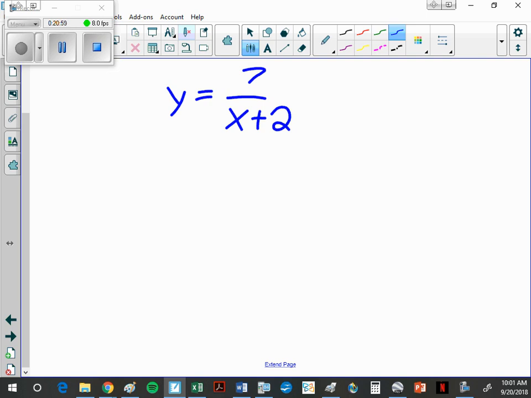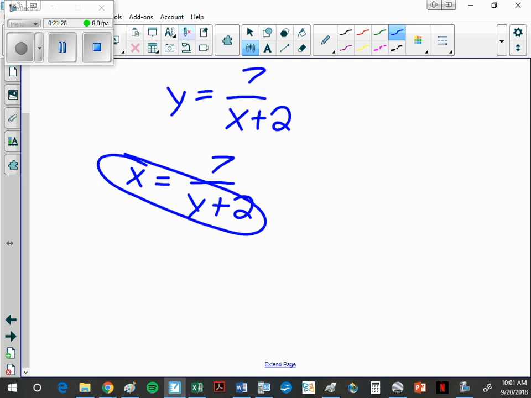And so here, x is equal to 7 over y plus 2. How do we solve for y in this case?